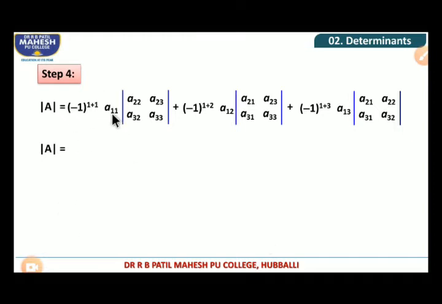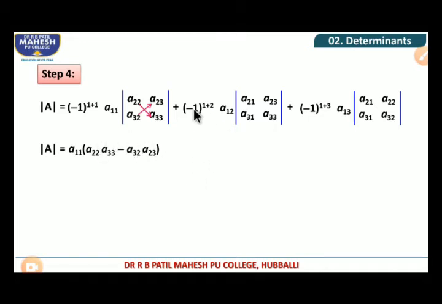So into A11 into the value of the determinant, which we already discussed in the previous video for order 2: A22 into A33 minus A32 into A23. We have to take the minus sign between these two terms.